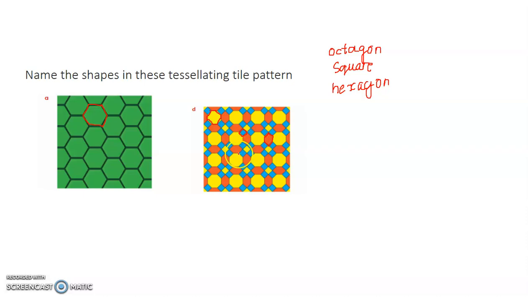Then the blue squares. Then you can see a 6-sided figure. And you can also see an 8-sided figure. Okay. So the pictures that are tessellating in the second picture are octagon, square and hexagon. So I hope this is clear.